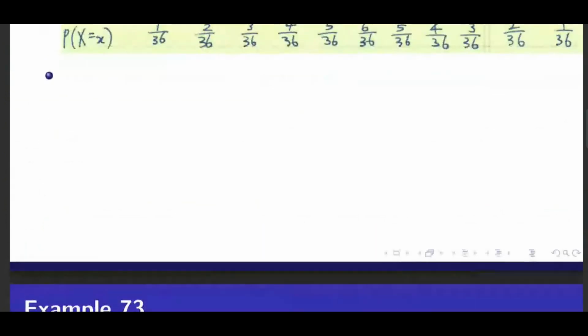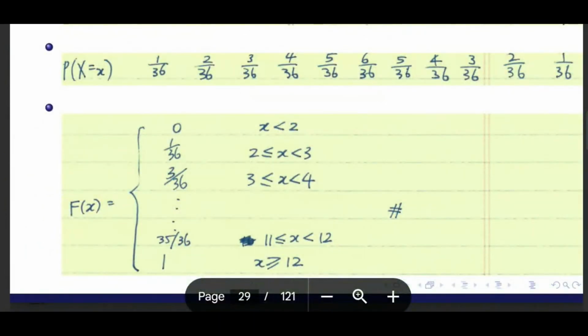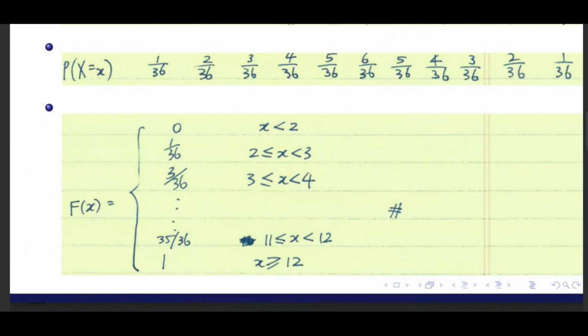And then making a CDF is, as usual, something like this. Just remember that your CDF has to cover every possible gap. Every value in the real line has to be there. So for less than 2, there can be no probability accumulated, and then anything from 2 to less than 3. It's pretty basic.